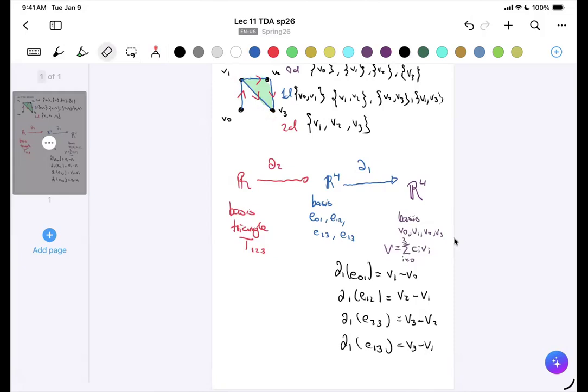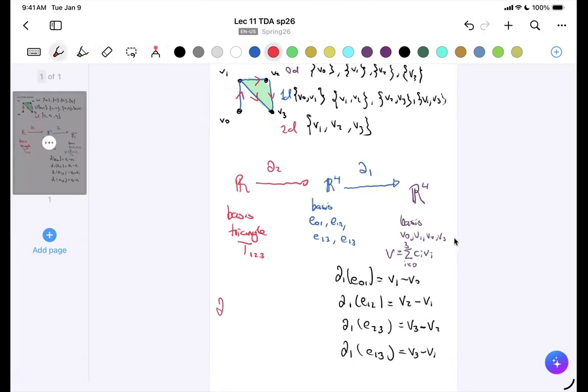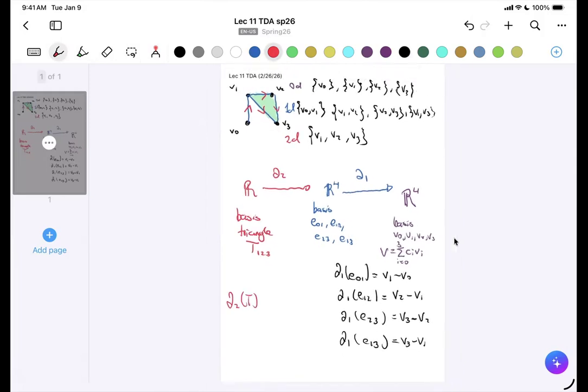And then for the other one, del 2 or the second boundary map, it is a linear combination, like we were talking about. It's an alternating sum. So it's plus minus plus, where you just delete one vertex at a time. So when you delete V1, you get V2, V3. So it would be the edge 2, 3, minus, and then when you delete the second one in the middle, you get the edge 1, 3.